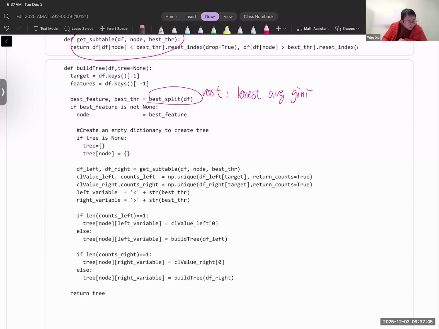And now that's building up the tree. We have the data greater than the best threshold and less than the best threshold. That's the branching. This is specifying what left and right are.